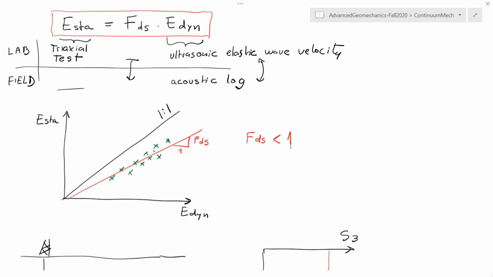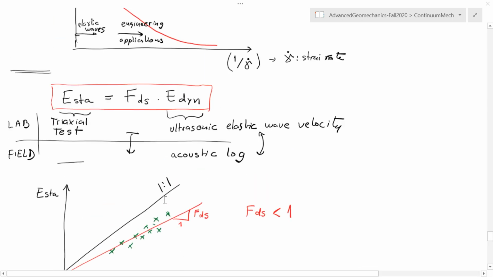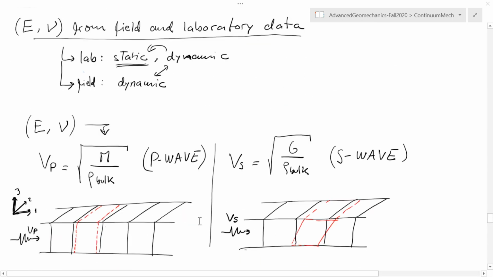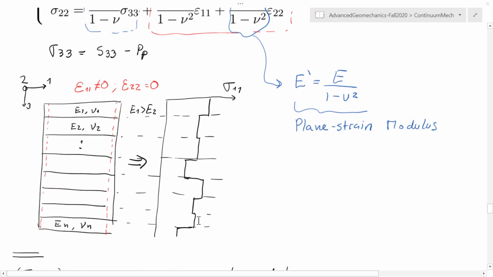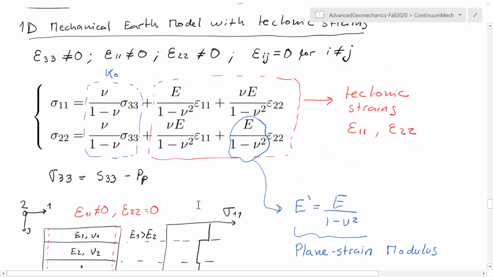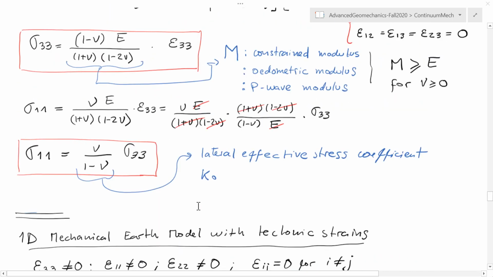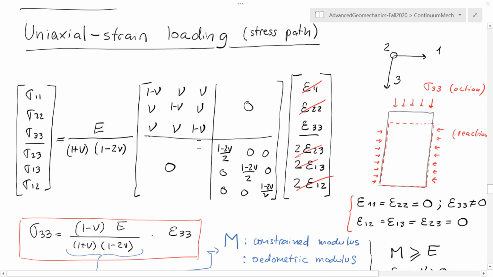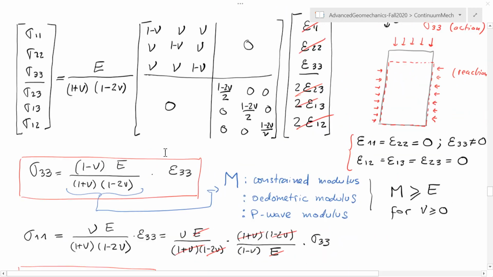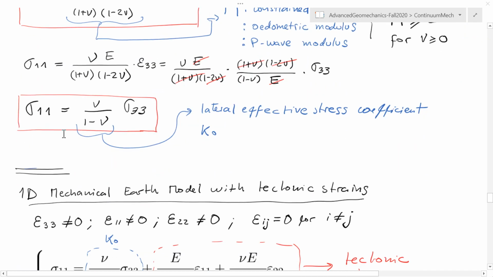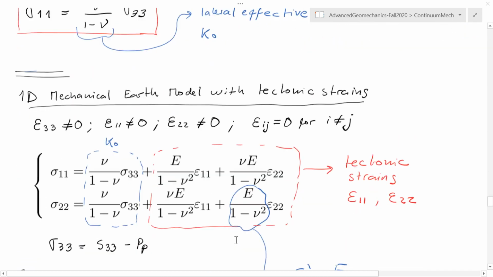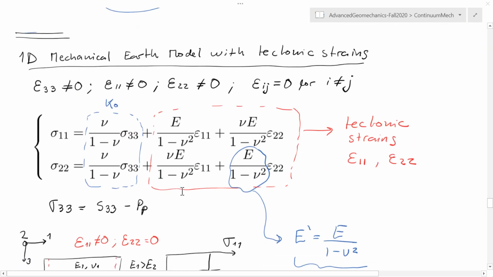There's one more thing I'd like to share. So far we have talked about modeling in one dimension, and we see that for this one-dimensional model, just from the equations of linear elasticity, just solving for a single point, we can arrive at an equation for the horizontal stress, even in the presence of the tectonic strain.